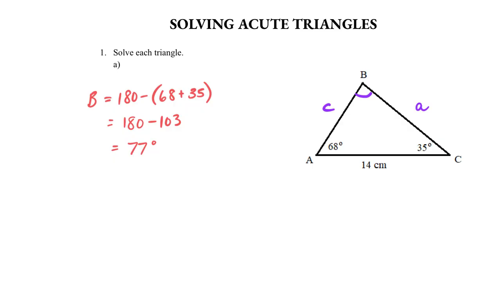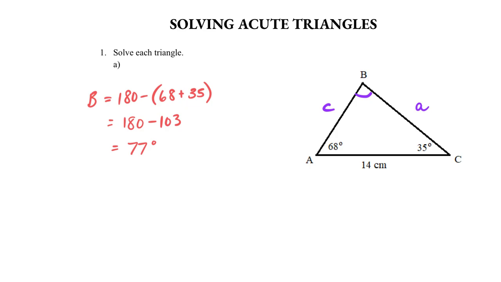And I have to be honest with you, I think sine law is easier to work with than cosine law. So if I have a choice between those two, I am always going to pick sine law.